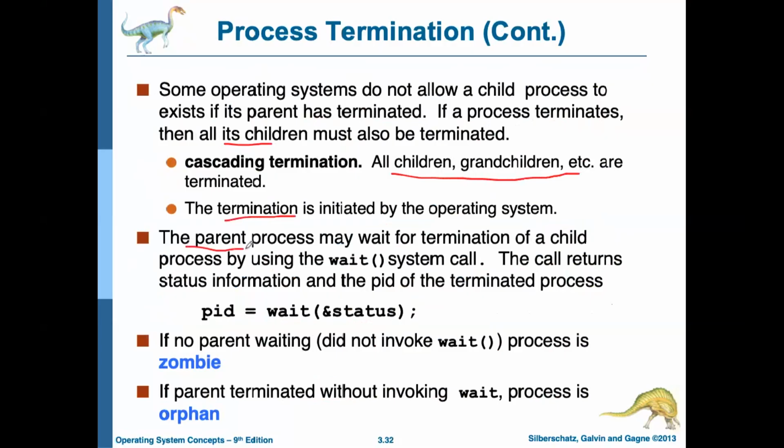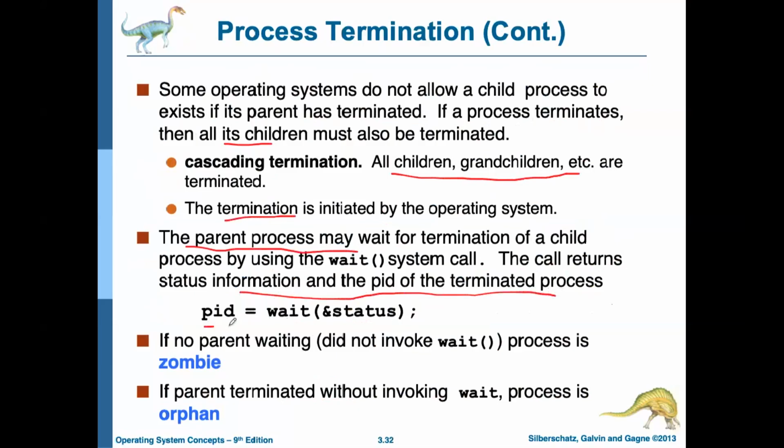The parent process may wait for termination of a child process by using the wait system call. The call returns status information and the PID of the terminated process.